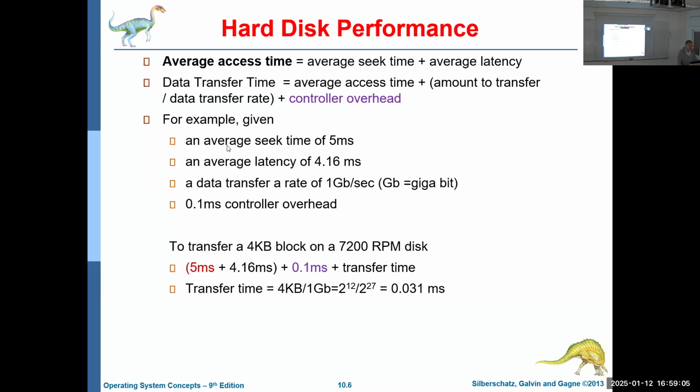For example, an average seek time of 5 milliseconds, an average latency of 4 milliseconds, and a data transfer rate of 1 gigabit per second. I wrote a little b, that means gigabit. Just like the internet, we usually measure rates in bits per second, not bytes.